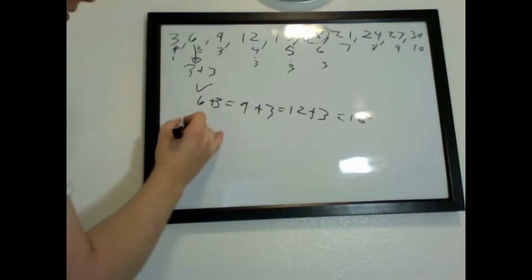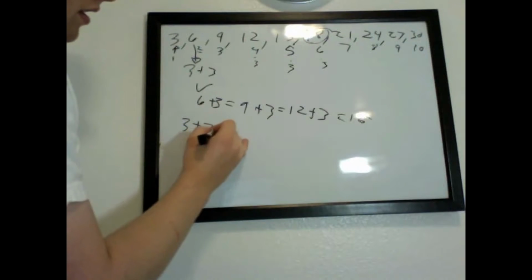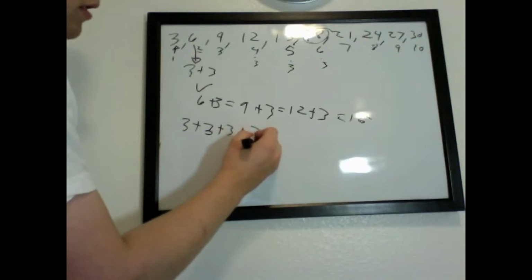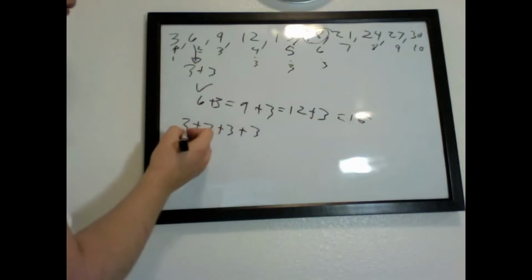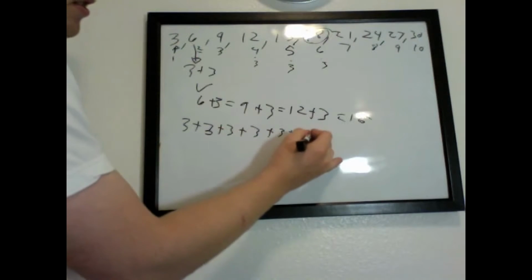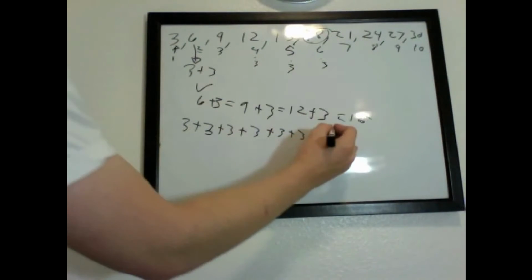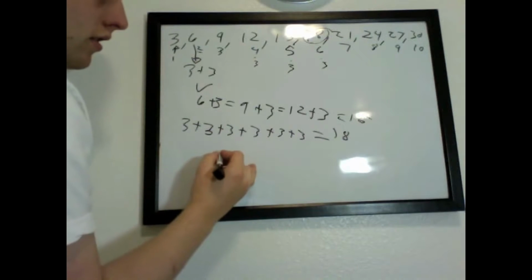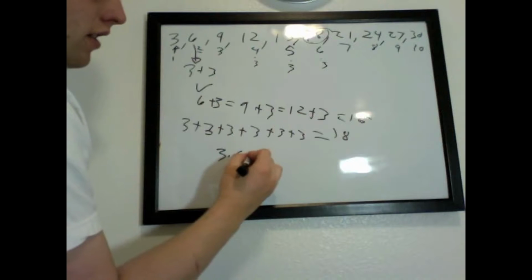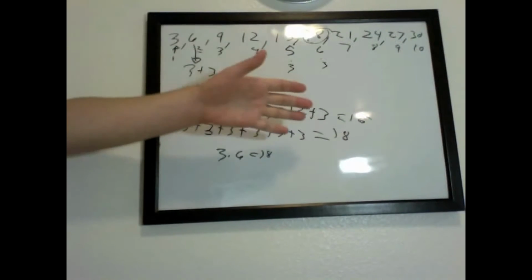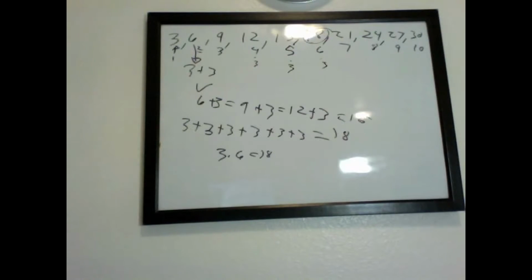How many 3's would we have to do? 3 plus 3, 3 plus 3, that's 3 3's plus 3. We need 6 of those. 1, 2, 3, 4, 5, 6. So if you added all those up, you can get 18. But the shortcut to this would be 3 times 6. And that'd be 18. You just have to memorize the multiplication chart. And you should have those memorized already.